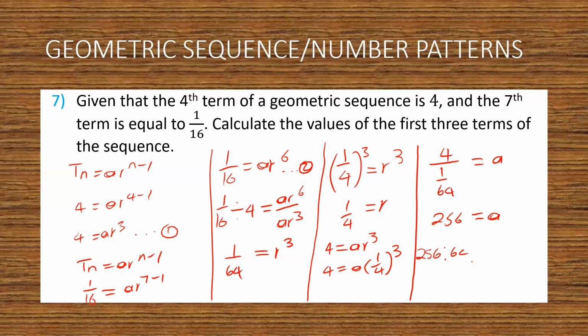The next one: T3 equals 64 times 1 over 4, which equals 16. Are we still good? Yes. All right, those are the first three terms that they wanted you to calculate.